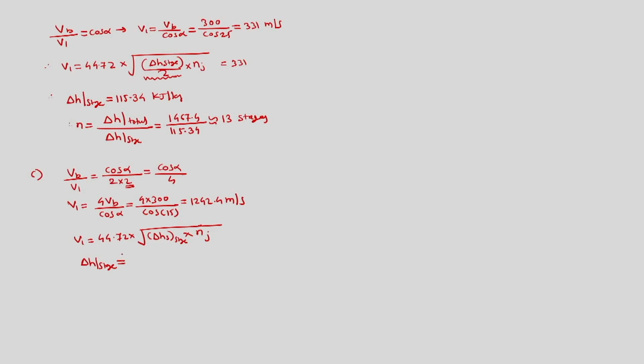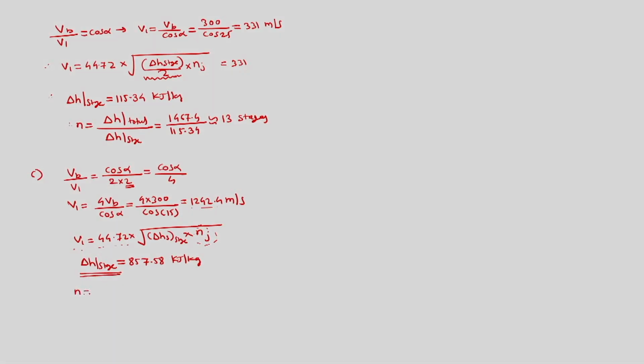From here we get delta H stage as 857.58 kilojoule per kg, since we know Nj is 90%, 44.72 is known, and V1 is known as 1242, and this gives us delta H stage.